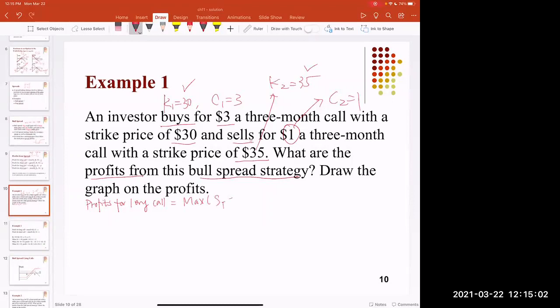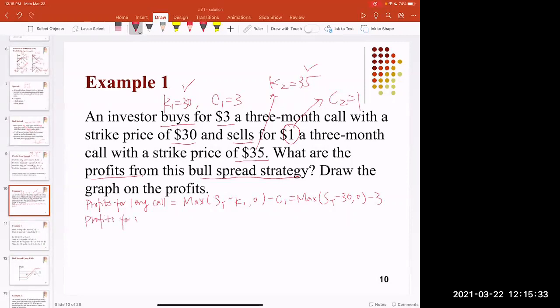ST minus K1, because for the long call, the first call we buy is number 1. And you take a long position, so you need to pay C1. We can plug in the numbers we know. We don't know ST, so we put ST there. K1 we know is 30, and C1 we know is $3.